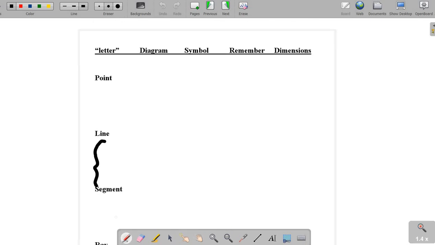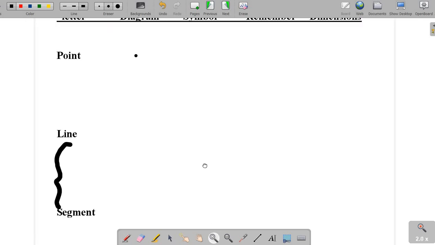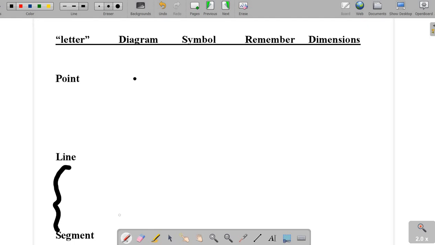A point is a point. Ta-da! There's a point. Now in geometry, we refer to all points with capital letters. The symbol for a point is a capital letter.